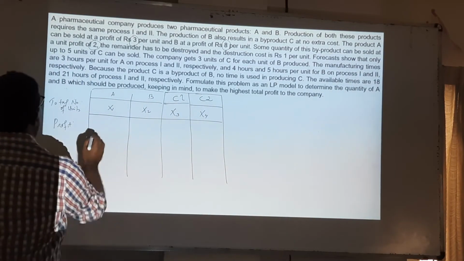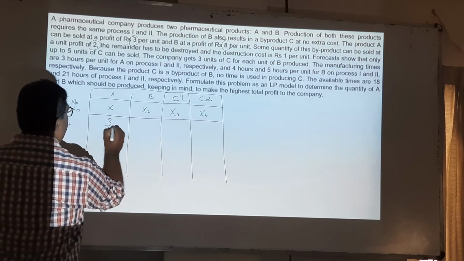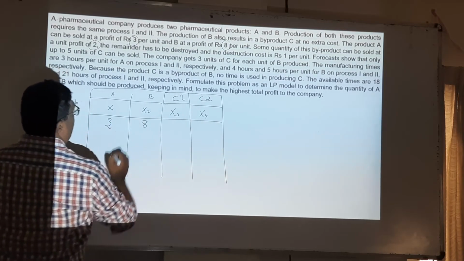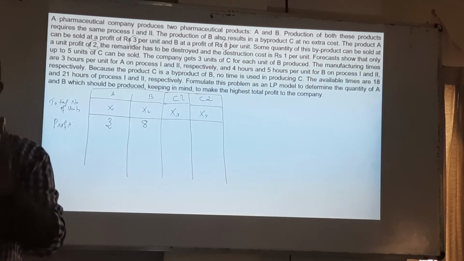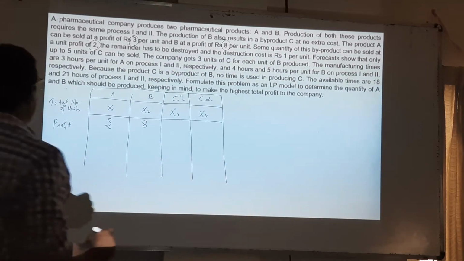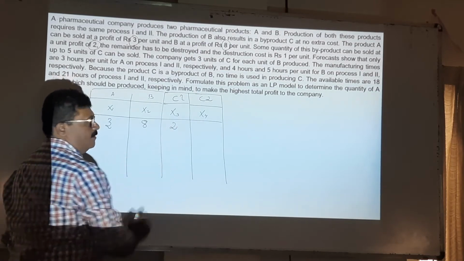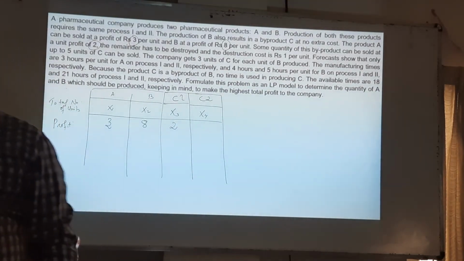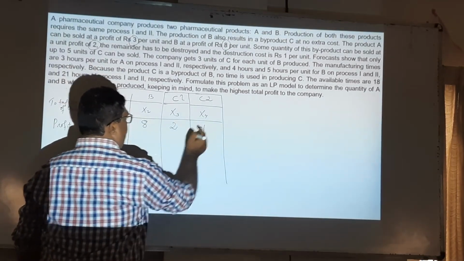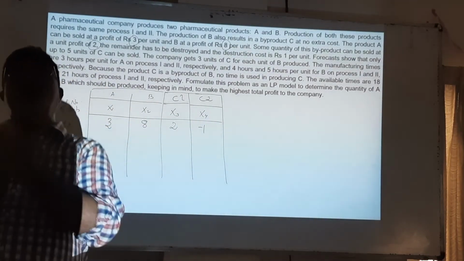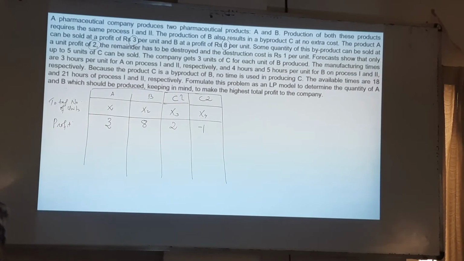So profit of A will be 3 rupees, profit of B will be 8 rupees and profit of C1 will be 2 rupees. And destruction cost will be 1 rupee, so I will write it as -1. Why? Because it is a cost incurred for the company.